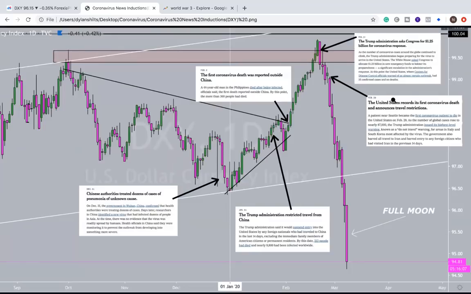Another coincidence, the US records its first coronavirus death right after everyone and their mother was induced to buy this. Right, 1, 2, 3, 4 days after the United States records its first coronavirus death, the US dollar tanks to hell.